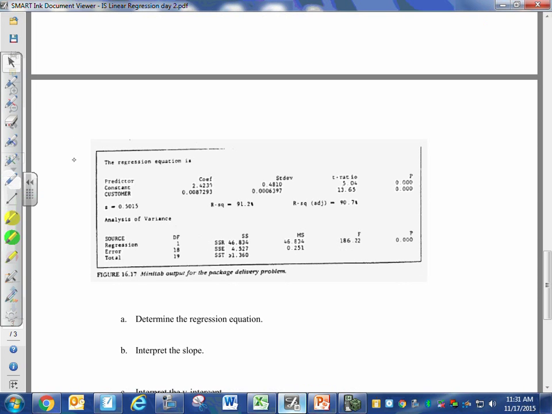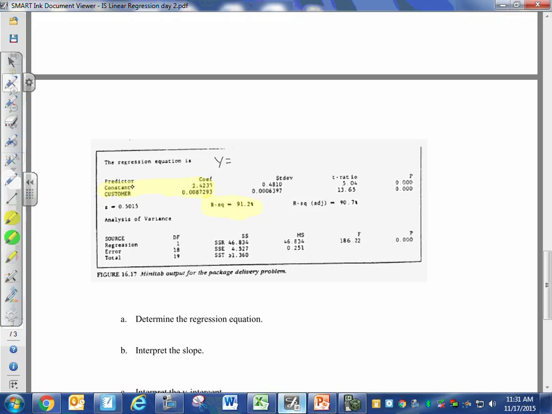Down here on the next graph, some outputs will actually go ahead and give you the equation, y equals ax plus b. In this situation, they don't. However, you will see the same kind of information from this computer output as we saw before. We have a constant and a customer.